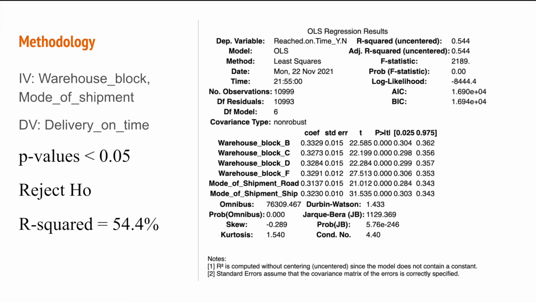And next we look at R square, which is 54.4%. It means there is a relationship between the two variables, but the relationship is not strong enough.